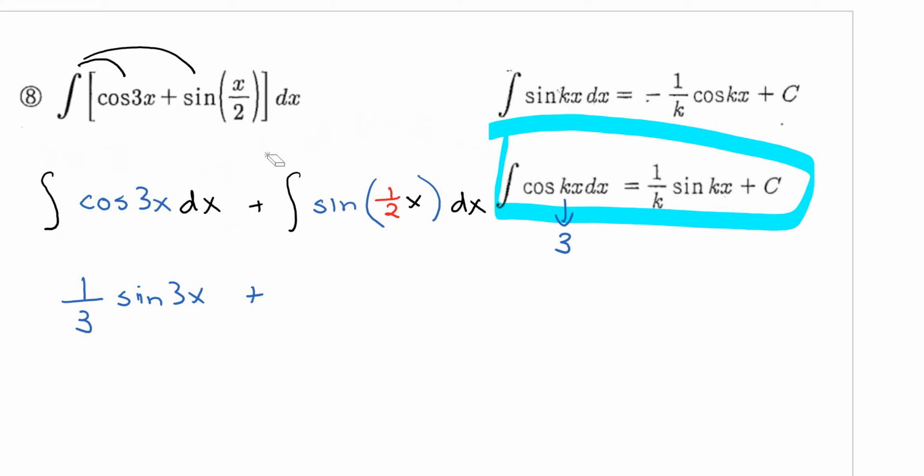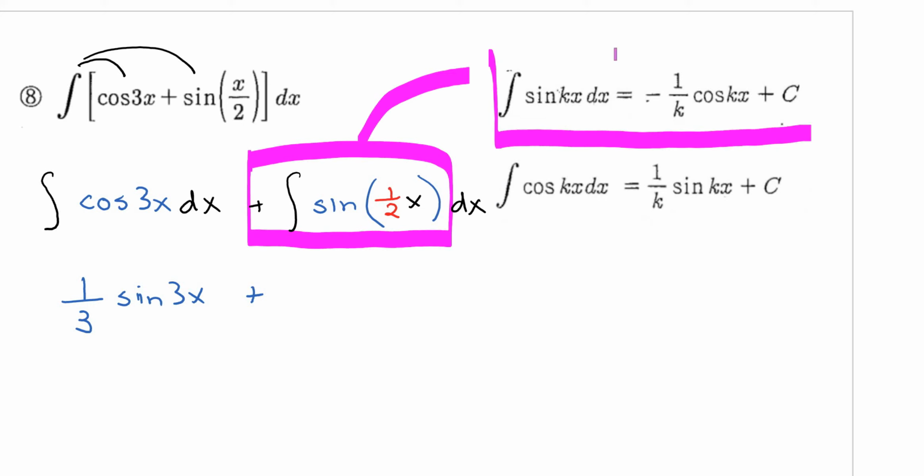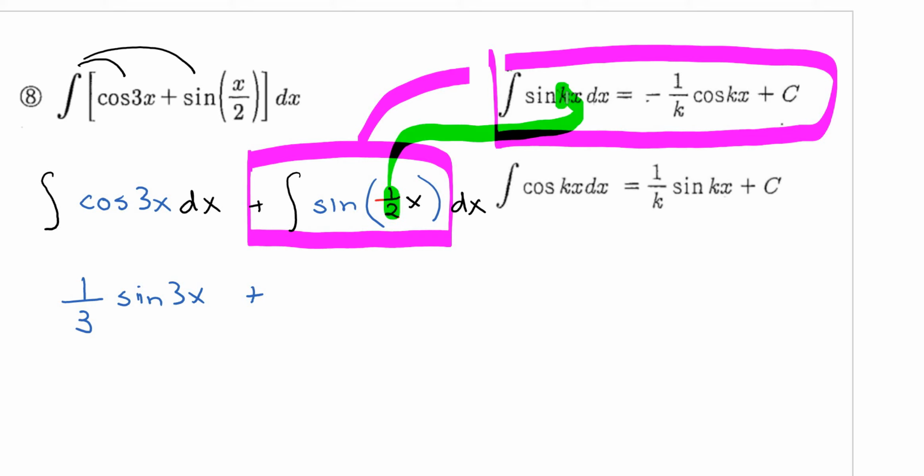Let's take a look at this expression now, and I can match that up with this expression right here. The k value is going to be 1/2. So if I follow the formula, it's going to be negative 1 over k. So negative 1 over, the k is going to be 1/2, times cos of 1/2 x plus c.